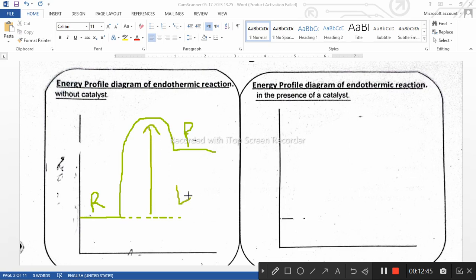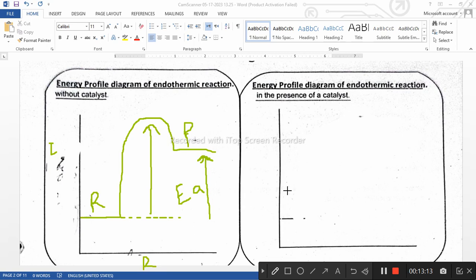So you can observe that EA is much more as compared to the exothermic reaction. And the enthalpy change is positive, and the arrow is in this direction. The axes will be the same as in the exothermic reaction. Here we have enthalpy change, and here we have reaction progress, or you can say reaction pathway.